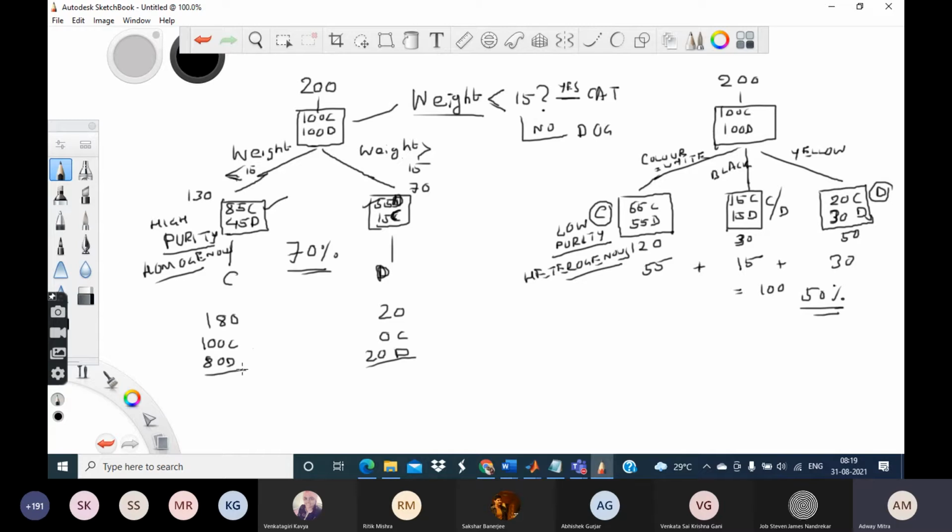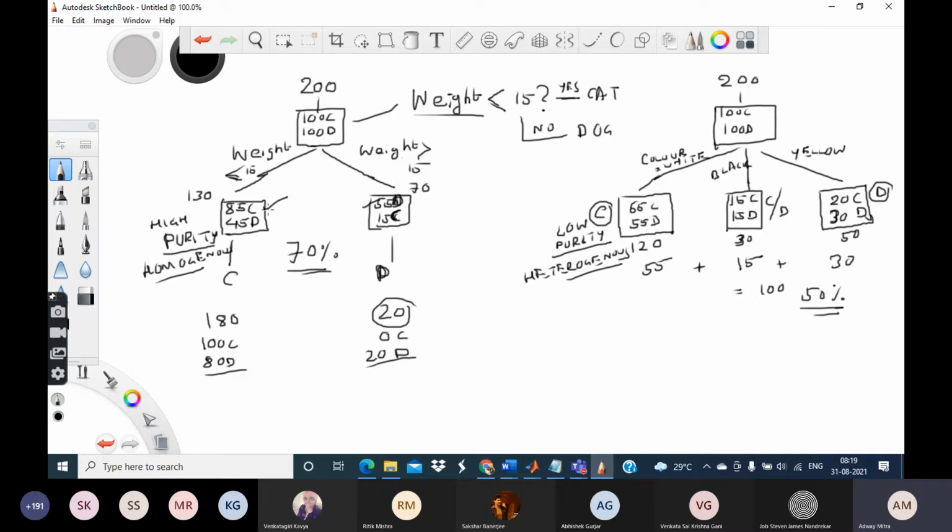Yesterday, I said that this is more desirable than this one because this is a smaller split, and almost all the examples are coming into one bracket. That is, this is less balanced. But that's a subjective statement.